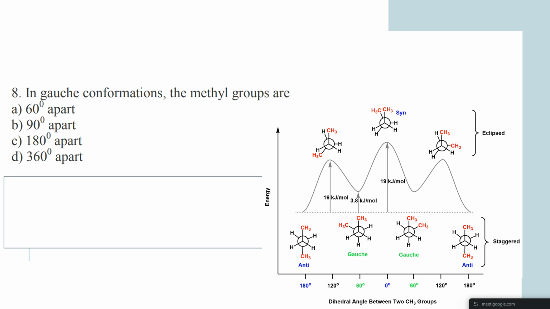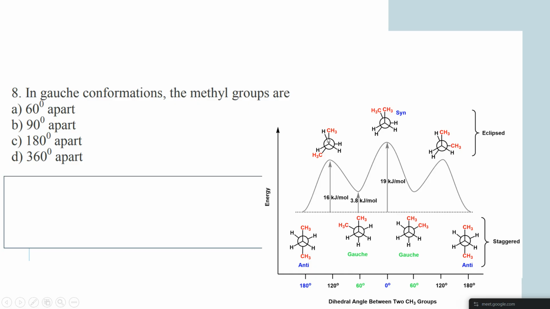If we notice the angle between the methyl groups in gauche conformations, you will see that they are 60° apart in the energy profile diagram.